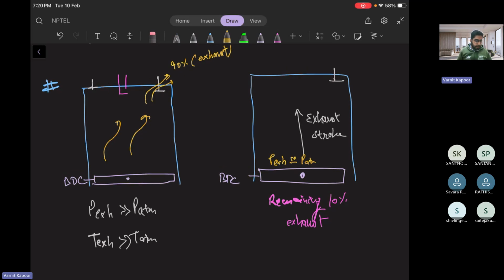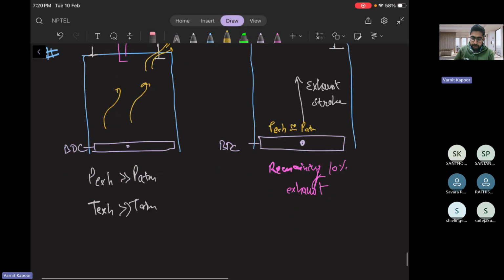So after the heat rejection, the piston moves from bottom dead center to the top dead center to throw out the remaining gases out of the cylinder. Let me write this.